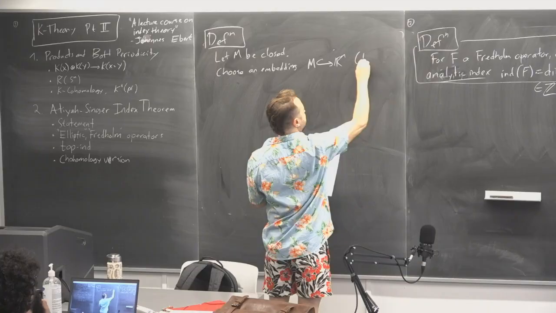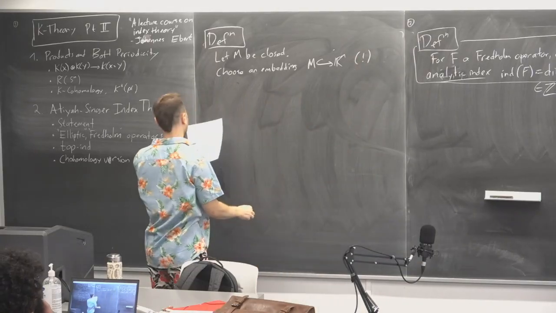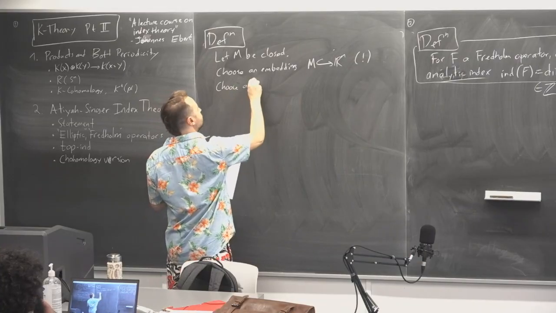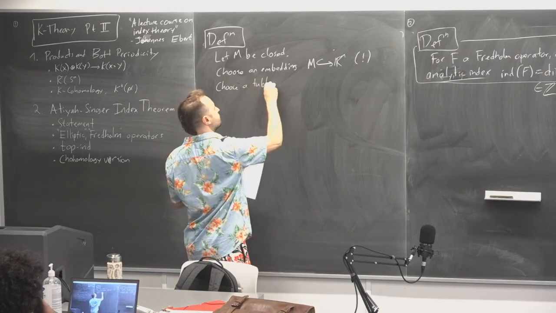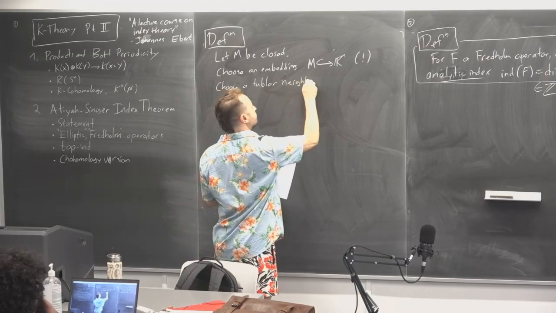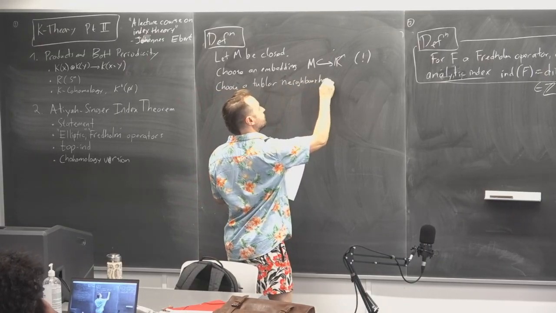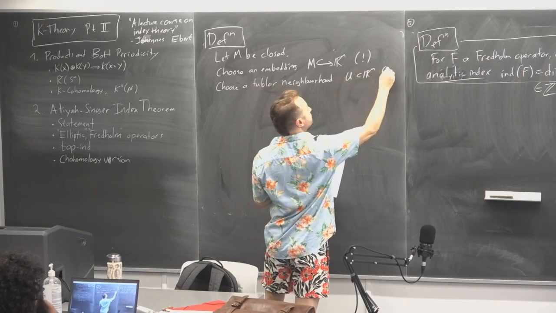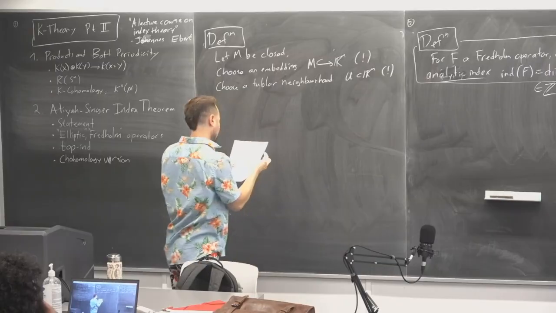This is an exclamation mark statement; it's not clear why we can do that. Choose a tubular neighborhood, we'll call it U, a subset of R^n. That's an exclamation mark statement.